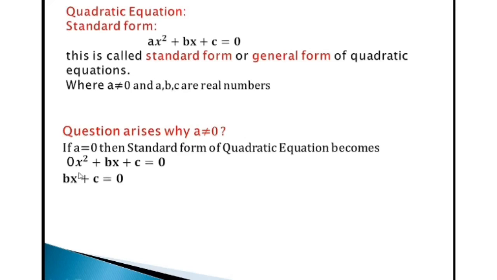X raised to power 1, so its degree is 1. So it reduces to a linear equation. So if a is equal to 0, then it will not be quadratic. The quadratic equation will be reduced into a linear equation. That's why we write a is not equal to 0 in the definition.